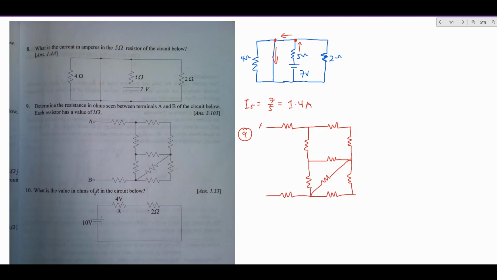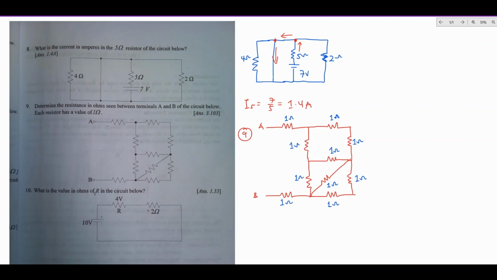And then this is terminal A, this is terminal B. So each of the resistors has a resistance of 1 ohm, right? So let's write the values there. We have 1 ohm on each of them.